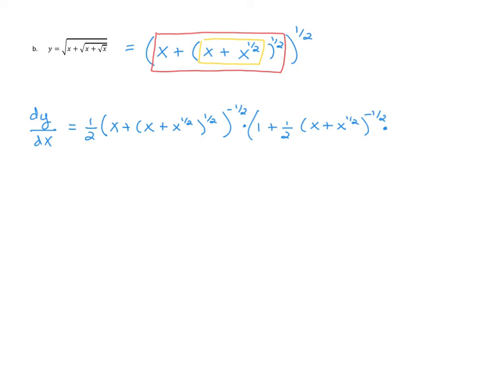Well, the derivative of x is 1, and then we add on the derivative of x to the 1/2, and that's going to be 1/2 x to the negative 1/2, and I'll close parentheses. The only other set of open parentheses we have is right here, so I'll put this like that, and here's my answer.